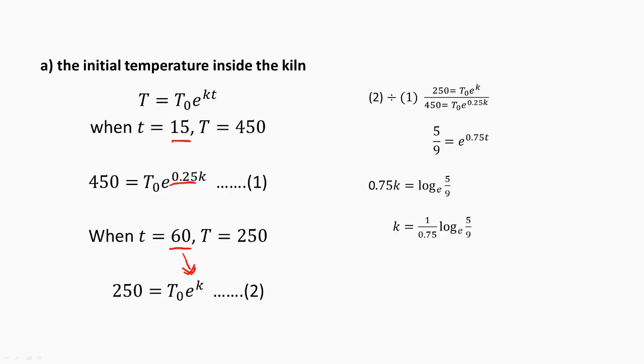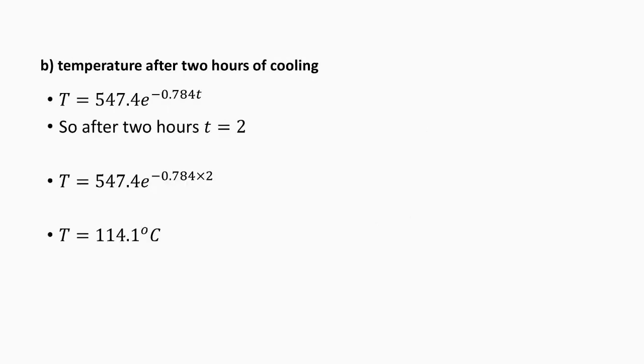So I get a calculator-free answer; hit the calculator and get k equals negative 0.784. Substitute that back into the equation to get the initial temperature of 547.4 degrees Celsius.